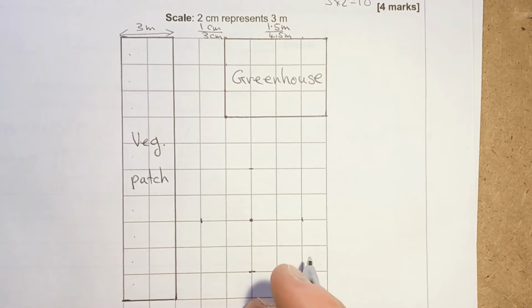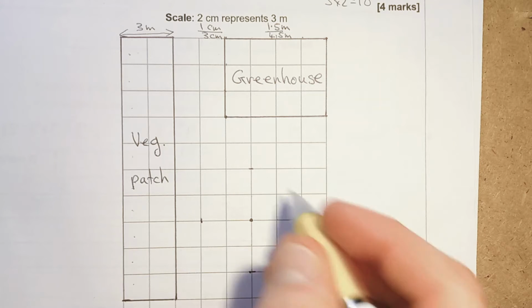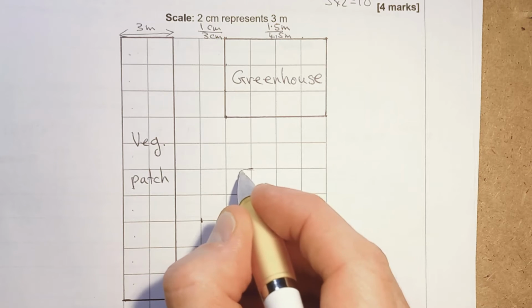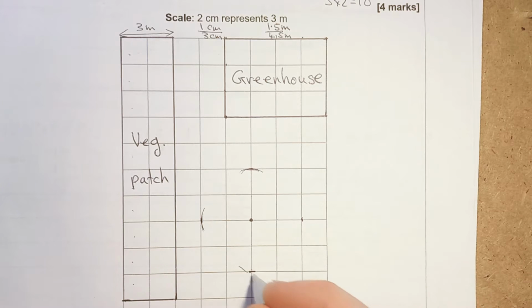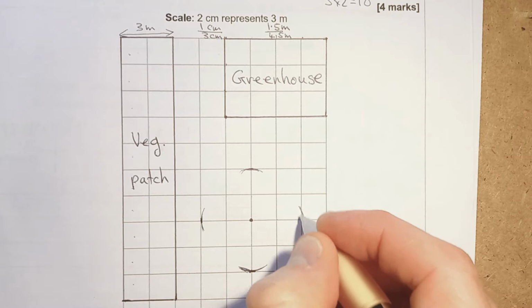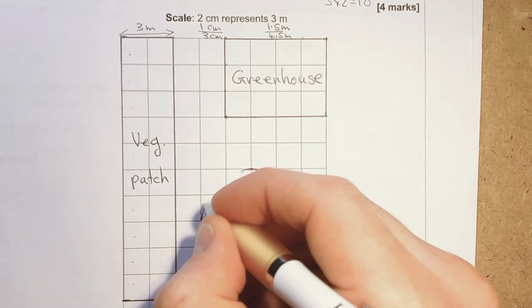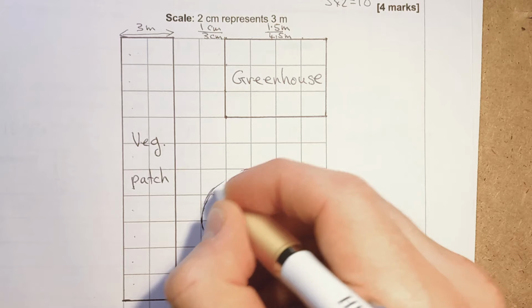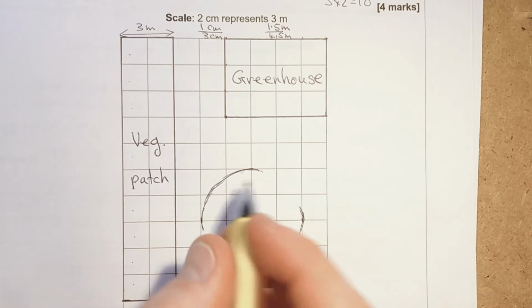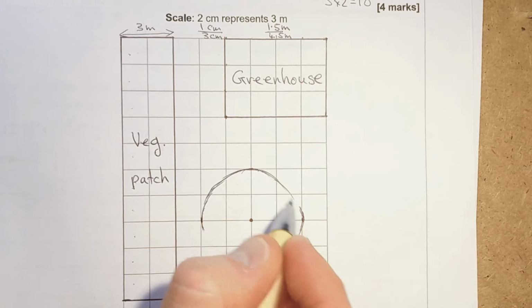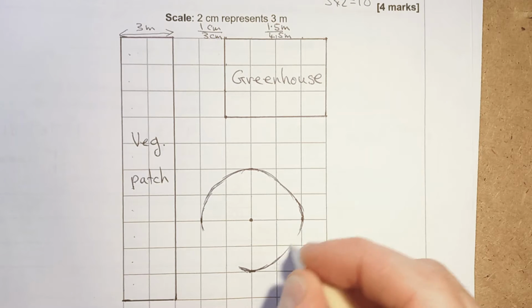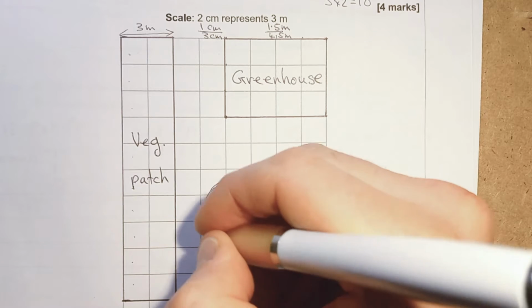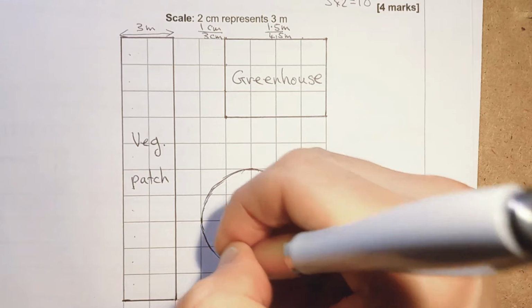So you can use your compass, if you've got a compass, and use that to do a perfect circle, or you can try and sketch it. Now, I would recommend you use a compass in the exam, but not everyone has one, or not everyone is comfortable using it. So, just to show you, you can do a freehand one here. It will look prettier if you use a compass, but you can do it without.